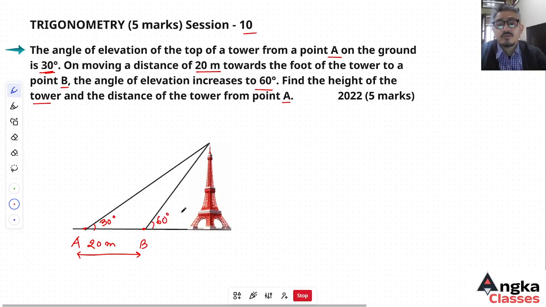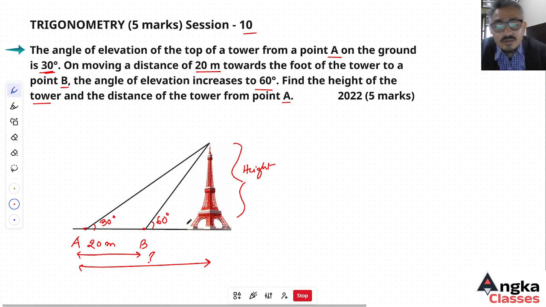Now the question asks what is the height of the tower, and what is the distance from A to the tower.